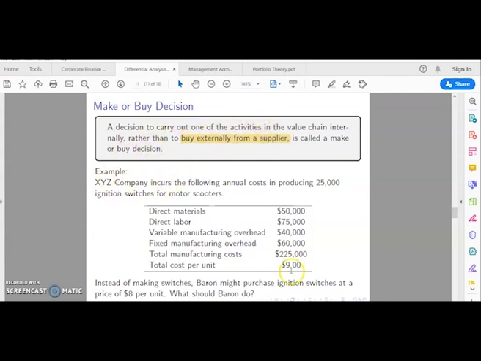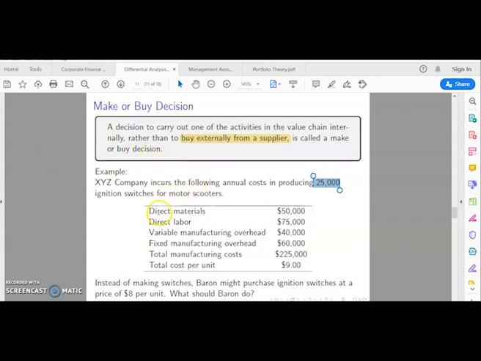So let's have an example here. XYZ company incurs the following annual costs in producing 25,000 ignition switches for motor scooters, and these are the list of the different types of costs that they will have in case of producing the products.